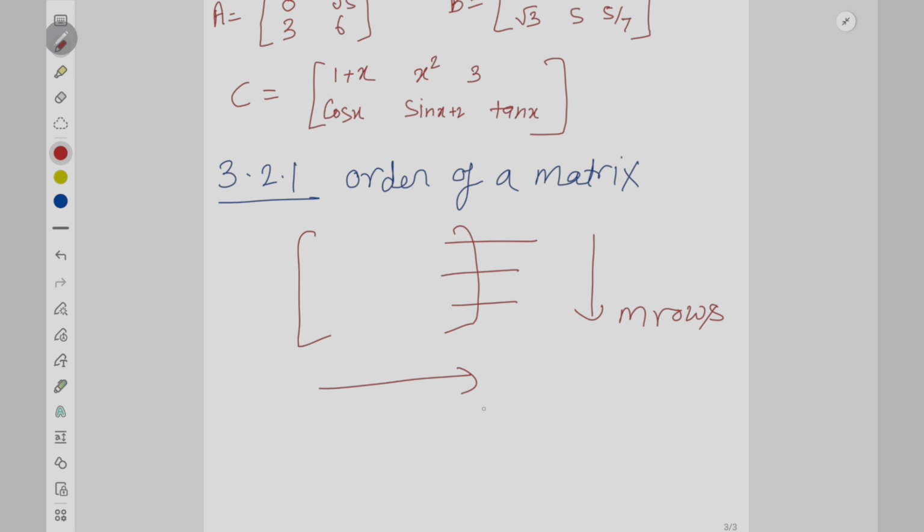The order of a matrix is given with the first number as rows and the second as columns.